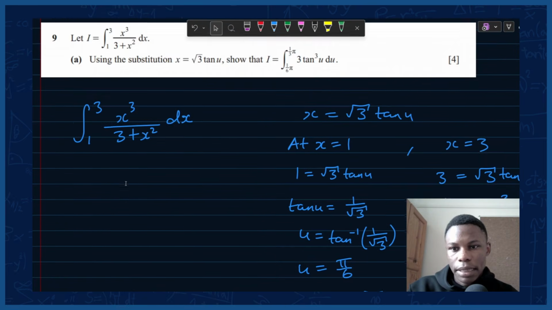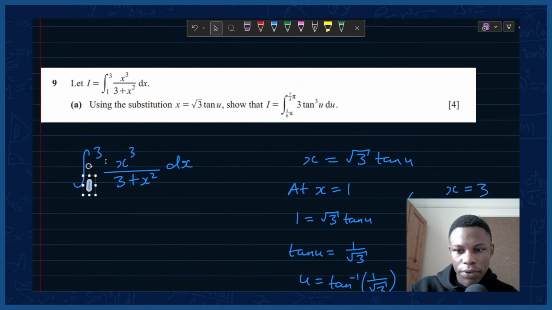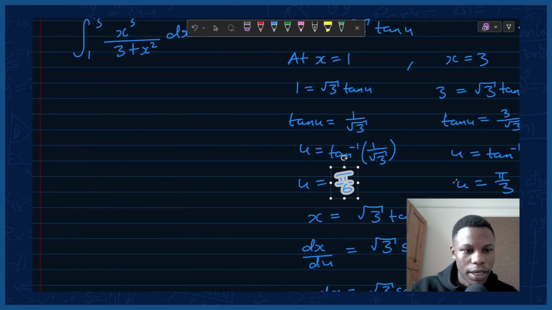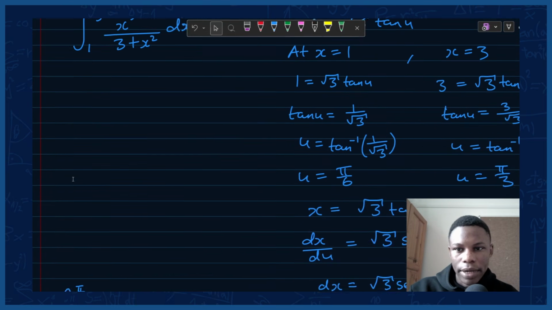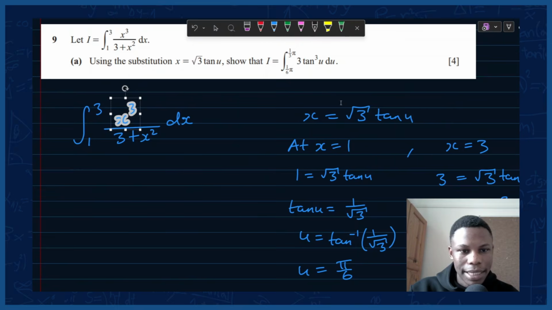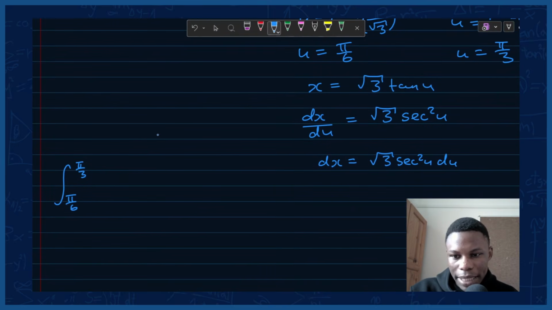And now we can substitute. So we know we're now integrating, instead of going from 1 to 3, we're now going from pi over 6 to pi over 3. And we are integrating. So x cubed, this is x. So wherever you see x, replace with root 3 tan u. So that's going to be x cubed, so root 3 tan u cubed.